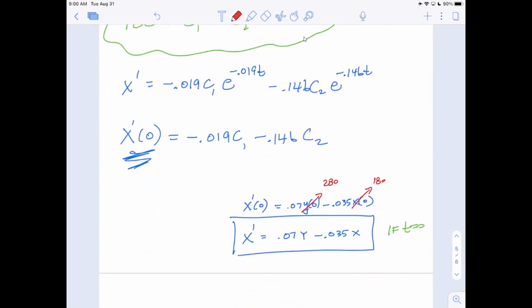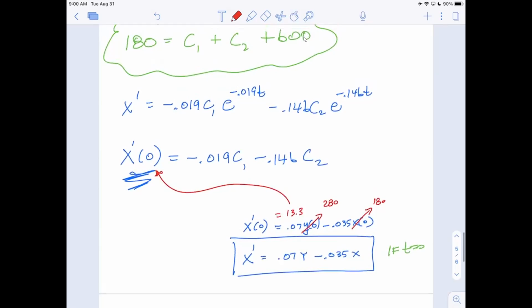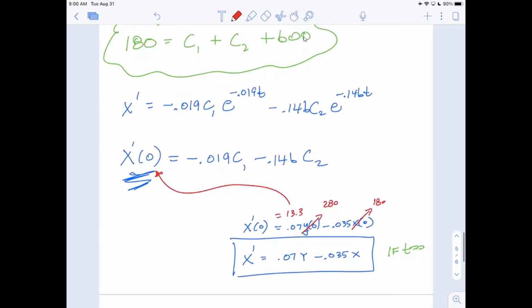So I actually can use this to find x prime of 0. So 0.07 times 280 minus 0.035 times 180 is actually 13.3. So then I actually have two equations, two unknowns.